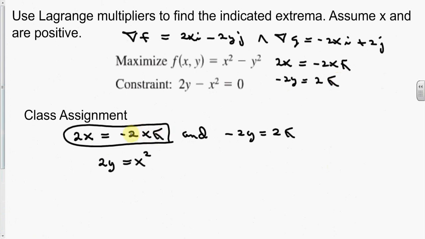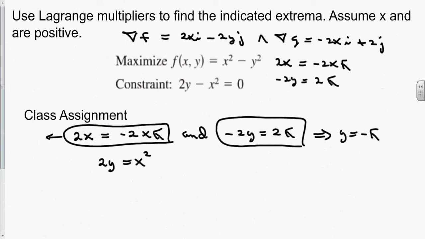So here we have this relation that I have in a box, and then we have this relationship here. From this relationship, you get y is equal to negative lambda, and then from the other relationship, we have negative 1 is equal to lambda.